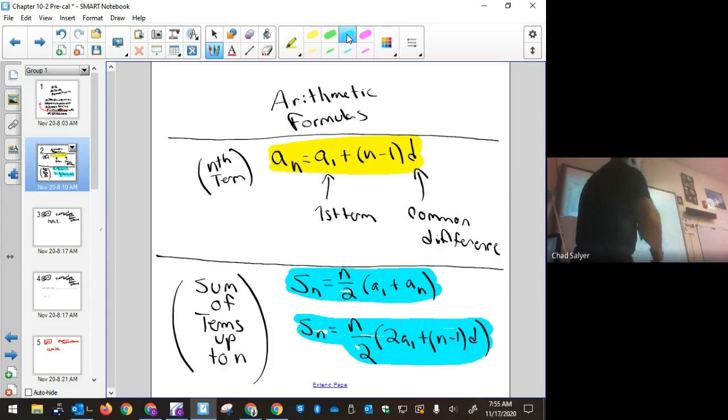So those are your two formulas. And you can algebraically manipulate those and write those a bunch of different ways. So if you look it up on Google, you're going to see maybe a different algebraic representation of the same expression. This is how they're written in your textbook, so that's why I chose to write them this way.